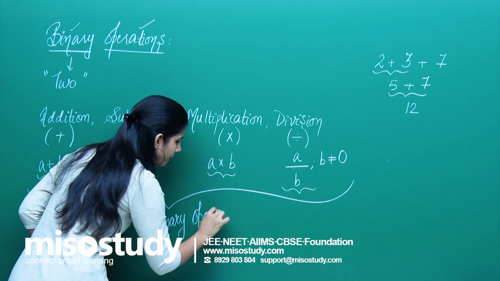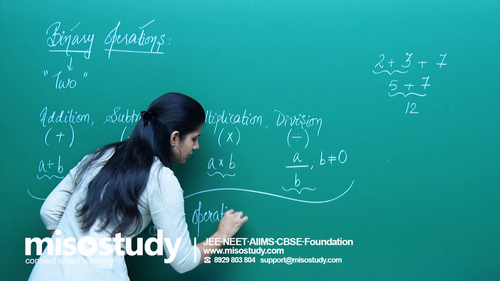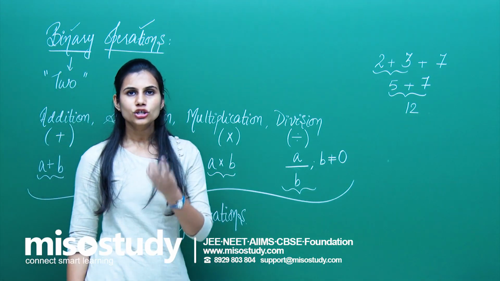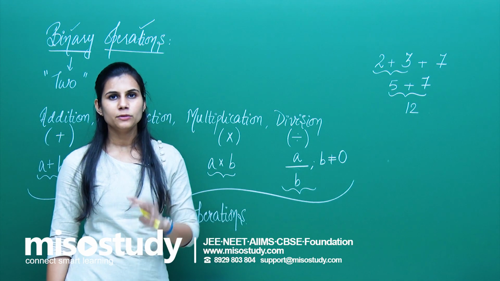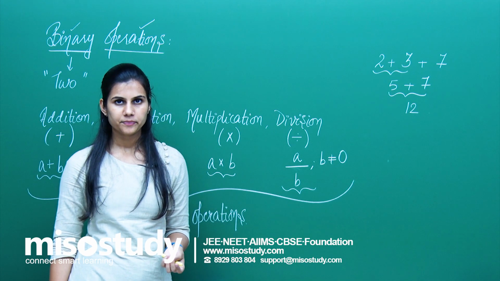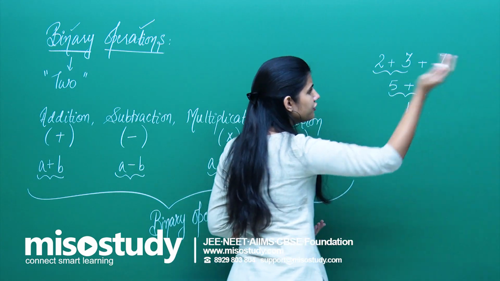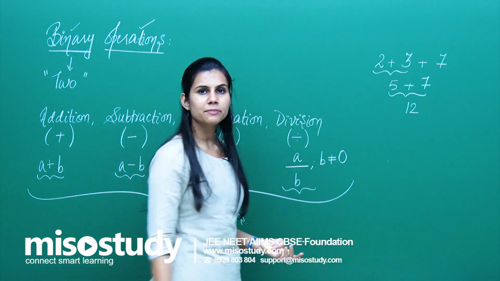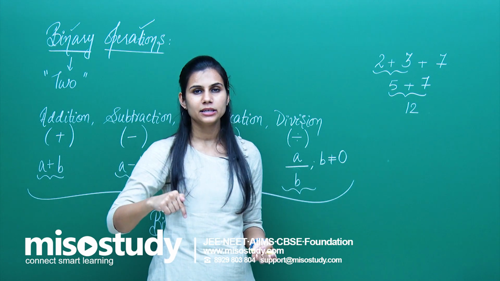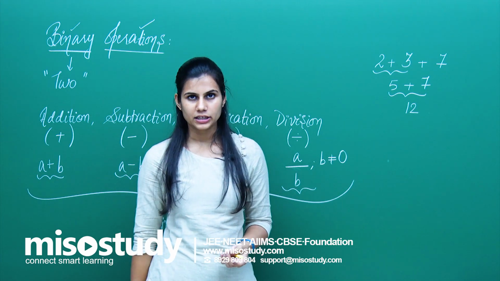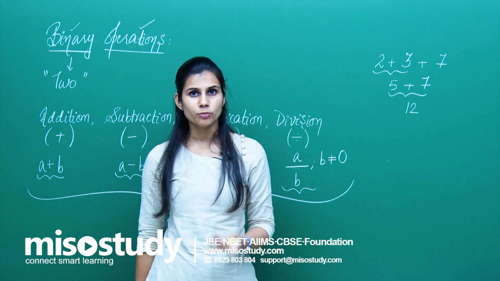What is their job? You've understood? Their job is to combine two members at one time to create a new member. They can combine 3 members also, 100 members also, 2 lakh members also, but at one time they can only combine two members out of the given ones to create a new member.